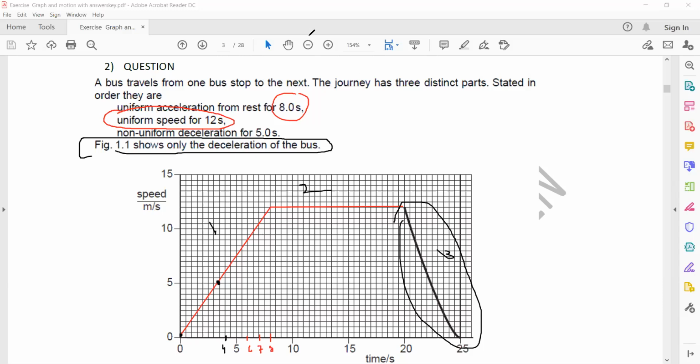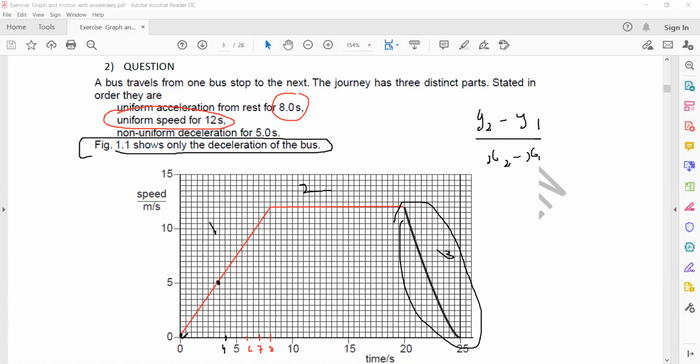So how do we find the gradient of this line? I can use y2 minus y1 over x2 minus x1. Because from 0 till 8 seconds it is a straight line, and they are asking the acceleration for 4 seconds. Whenever there is a straight line, we can simply find the gradient of the line. Take 2 points.